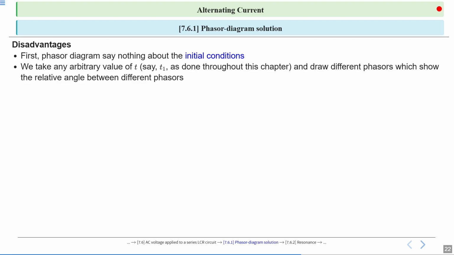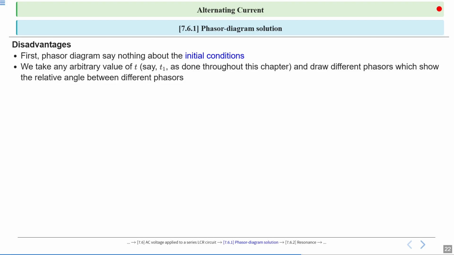We take an arbitrary value of t, say t1, as done throughout this chapter, and draw different phasors showing the relative angles between them. We do not consider where the current phasor was initially.